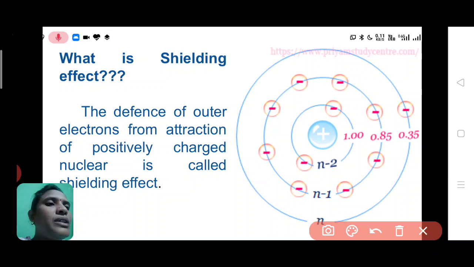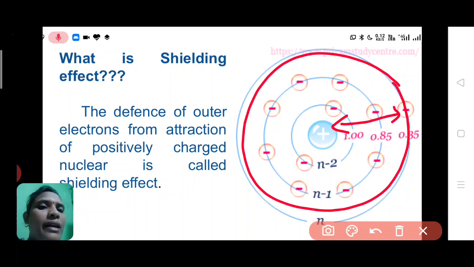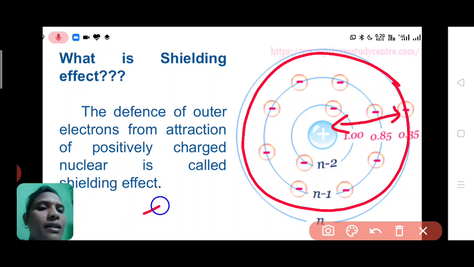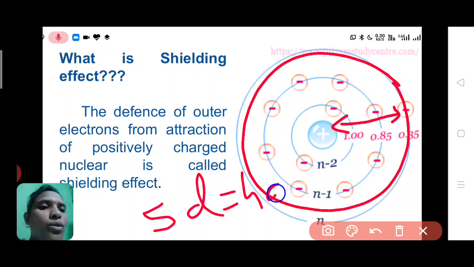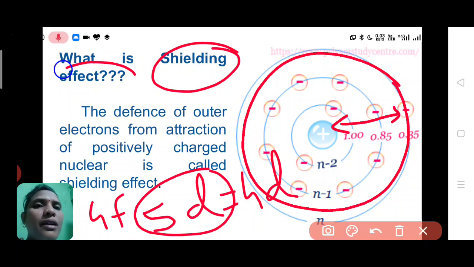So due to this strong attraction between the outer electron and the nucleus, the size of the whole atom shrinks, and due to this shrinkage, the size of 5D series elements becomes similar to 4D elements, because in the 5D elements there is a presence of F shell, and F has a poor shielding effect.